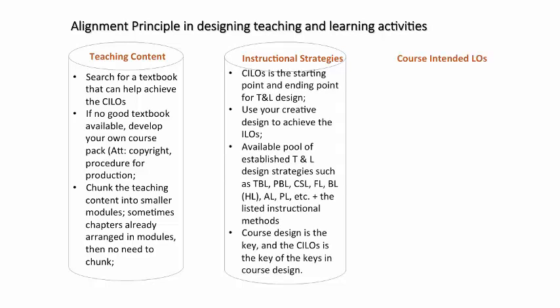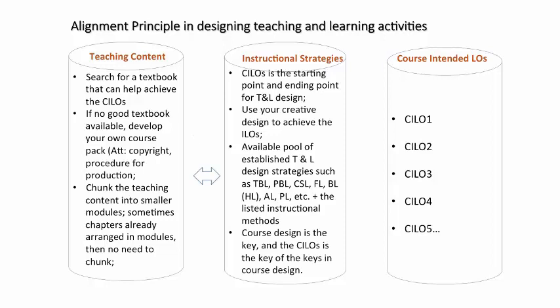And all of these, of course, must relate to the course-intended learning outcomes. When you have a clear and definite alignment between the course-intended learning outcomes, the instructional strategies, and the teaching content, you have a well-aligned course.